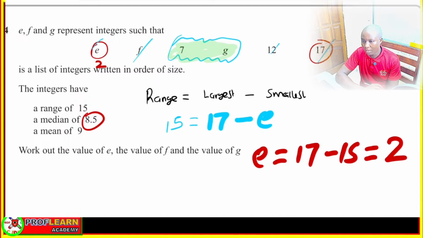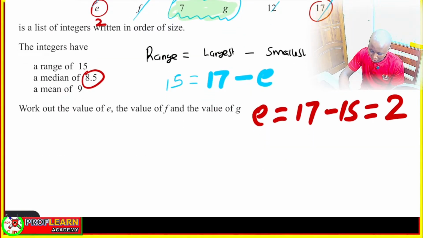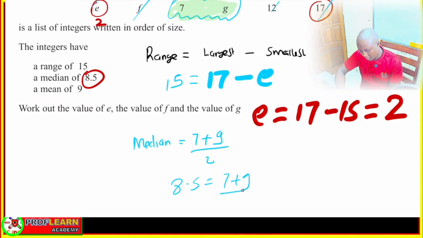To work out the median. So if you're having 2 numbers at the middle, then for you to find the median, median is going to be basically 7 plus G over 2, and that's going to be 8.5 is equals to 7 plus G over 2.